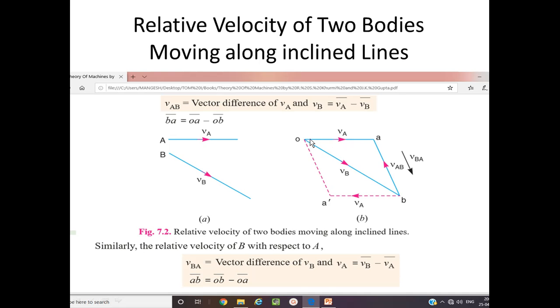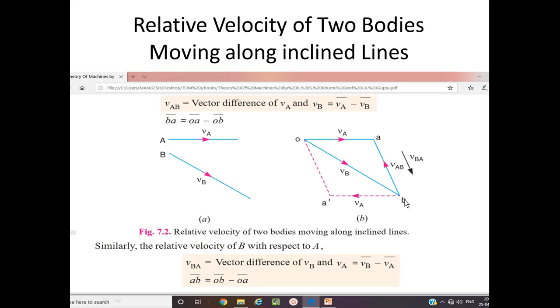Then from the same reference point, I have drawn one vector OB bar, which will be equivalent to the velocity of B, in magnitude and in the same direction as the body is moving. So vector OB bar is in the same direction as that in which body B is moving.